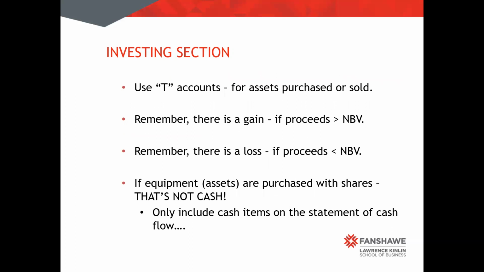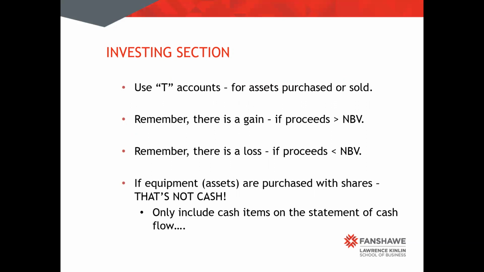In the investing section, sometimes it's very helpful to look specifically at the T account. So looking at what assets came in as purchased and what assets were removed as sold, because you do need to disclose that information separately. And remember, if there is a gain or loss reported on the income statement, that is part of your cash proceeds.